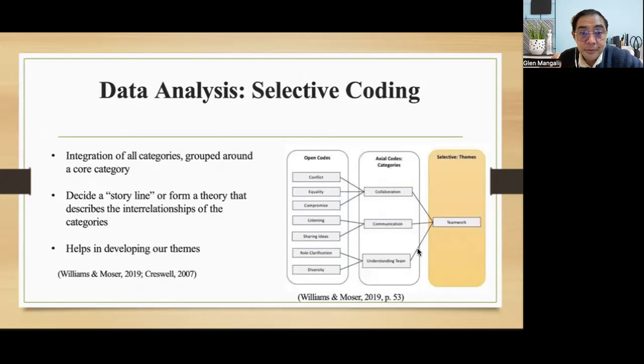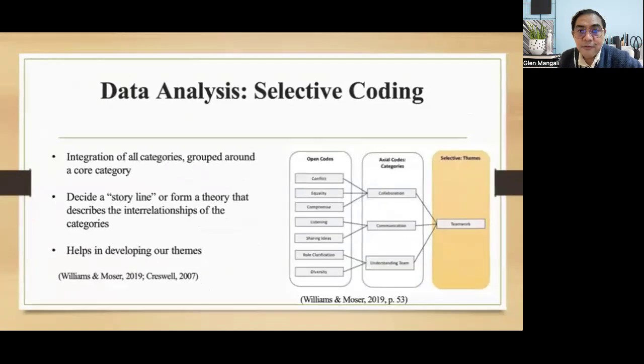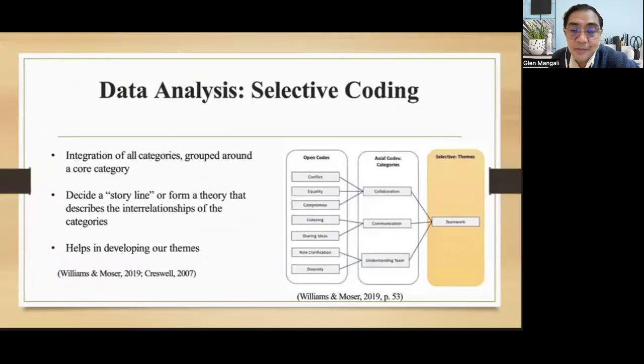Similarly, the other two are on communication, and the other one is another category. And then when you look at the axial category, you need to tell what particular words or phrase can be used in order to group them as one.